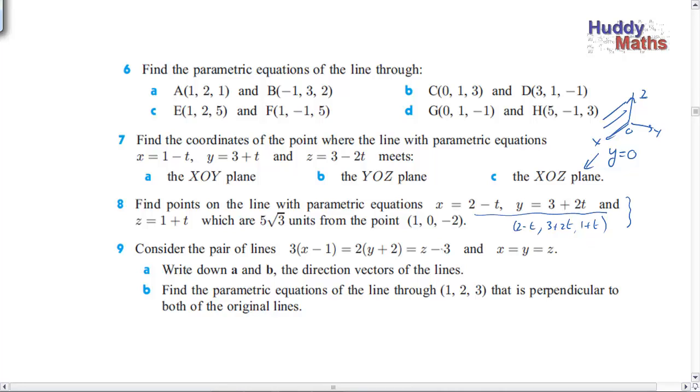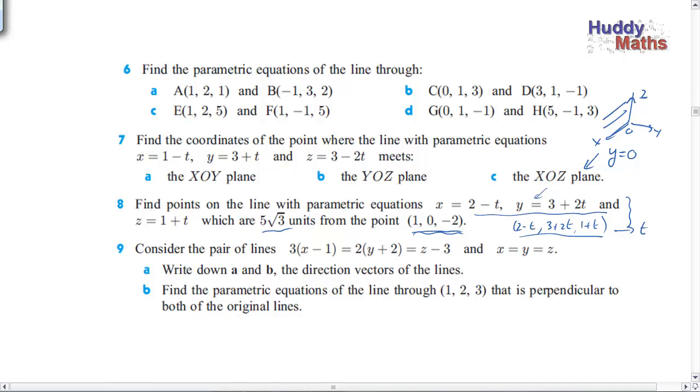Work between that point and this one to get that distance, and that'll give you the t value. There could be a couple of answers to that one, a couple of different spots on the line.